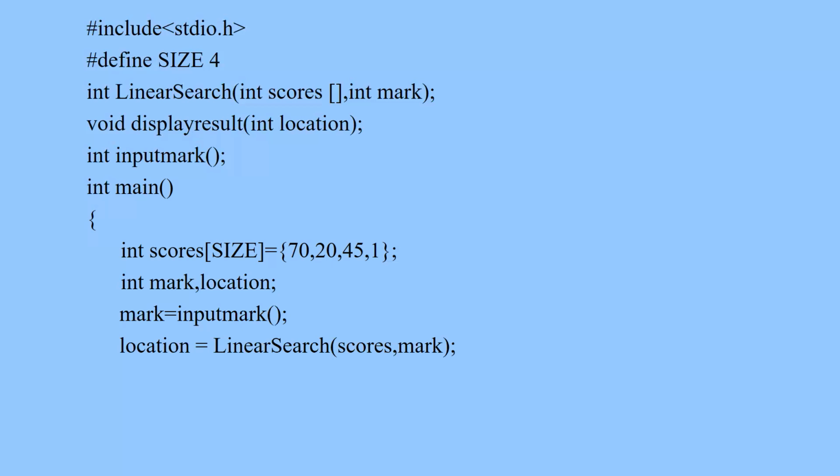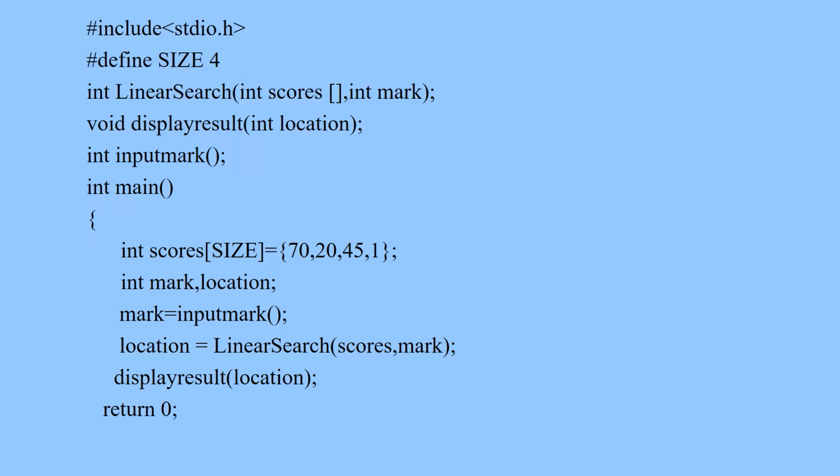The value that linear search is going to return, which is of type integer, is stored in memory location called location. And then we invoke another function called display results, and we pass into it one value, that is the content of memory location called location.